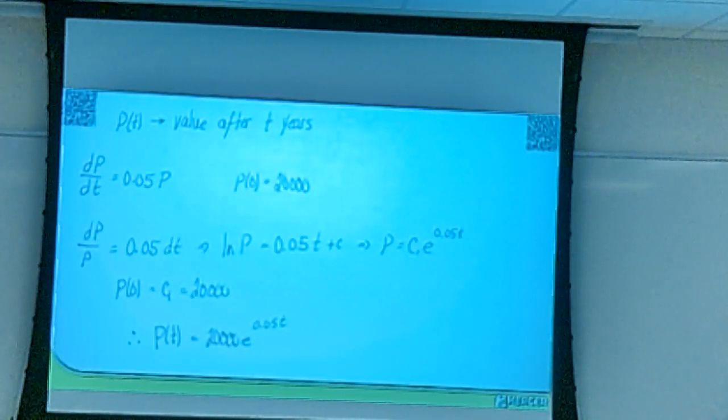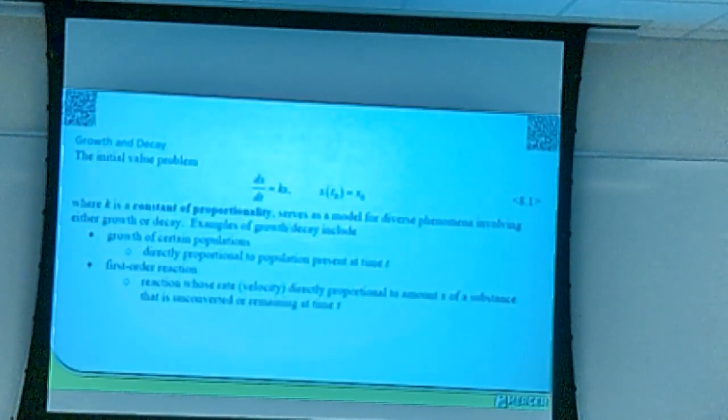That's what compound continuously means, right? Exponential growth. And that model was given up here. It's proportional to the amount. In this case, our K was the interest rate.